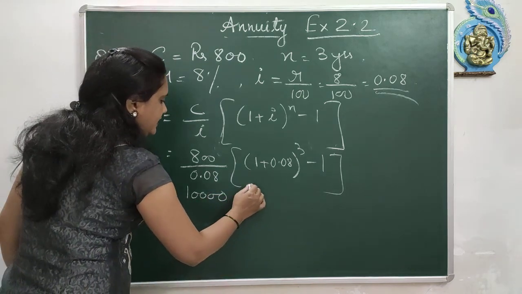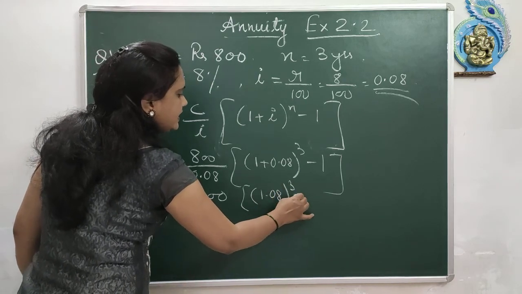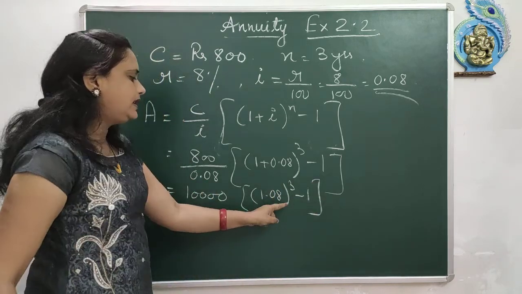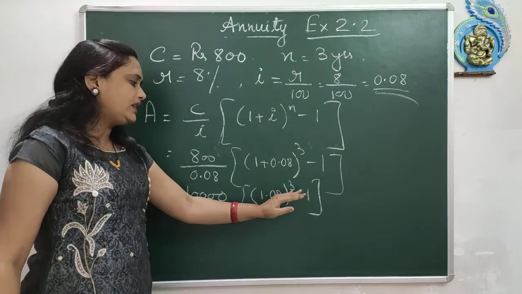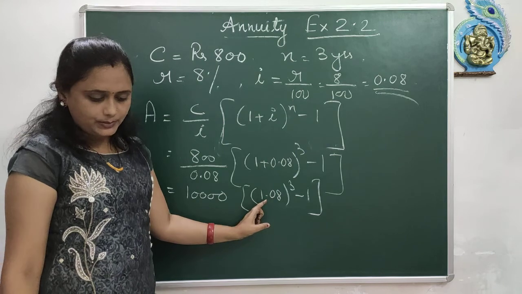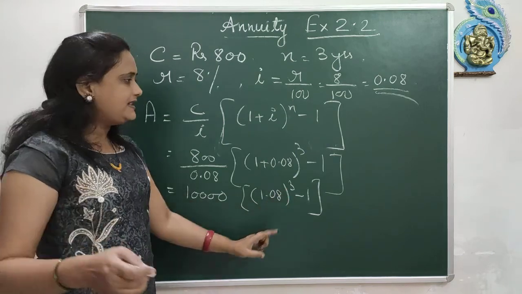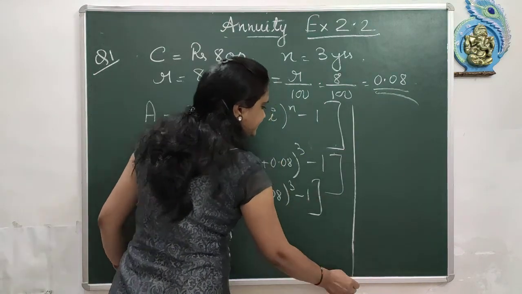Then 1.08 to the power 3. In the question the value will be given to you, whatever the power is. In this question it is given that 1.08 to the power 3 equals 1.2597.